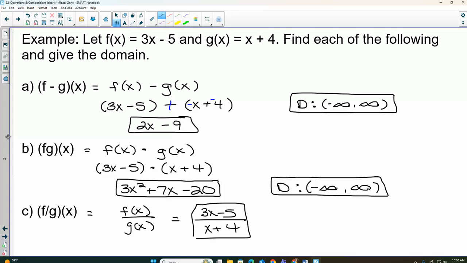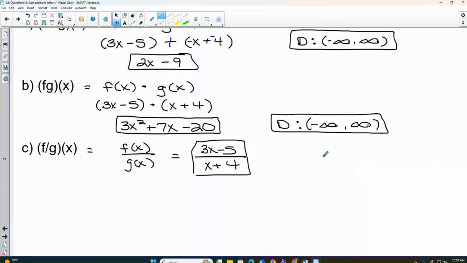Now, the domain of that one. It's a fraction. What do we know about fractions? What can't equal 0? Denominator. So x can't be negative 4. So my domain is everything except negative 4.